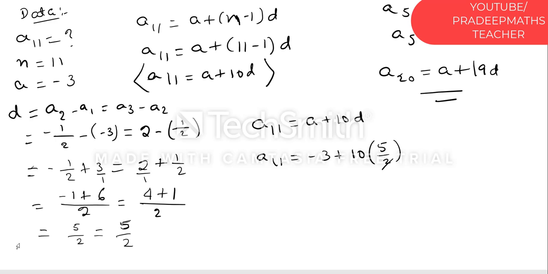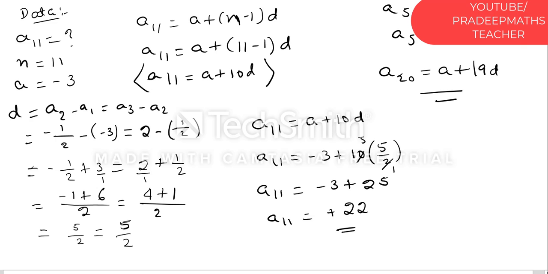Now 2 1s are 2, 5 5s are 25. So the 11th term will be 25 minus 3, which is plus 22. Why plus 22? Because of the sign of the biggest number: the biggest number is 25, its sign is plus. Now this is the answer and this is how we need to solve it.